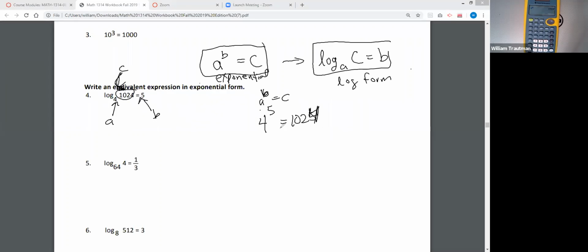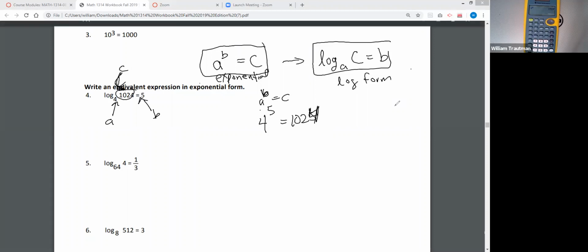So 4 to the 5th power does equal 1024 when you hit enter. All right. And we're going to be using this, changing from exponential to logarithmic or logarithm to exponential, to solve for x and stuff.